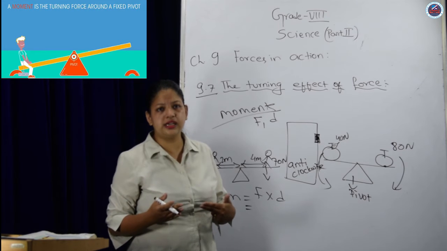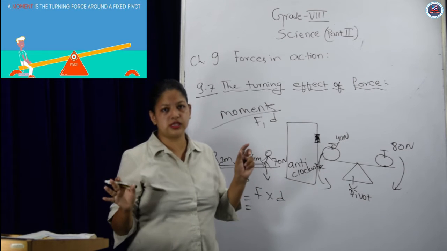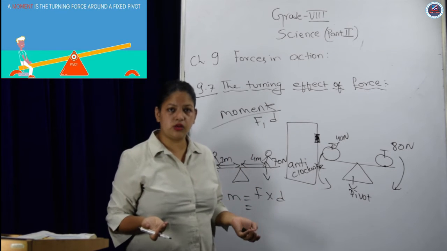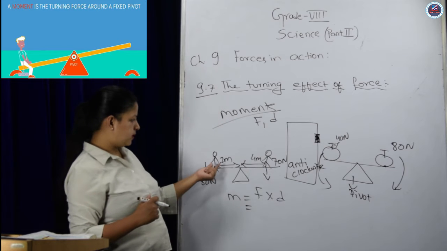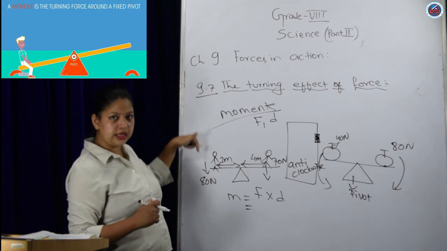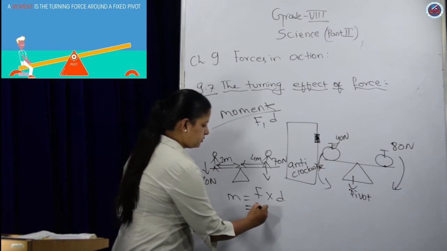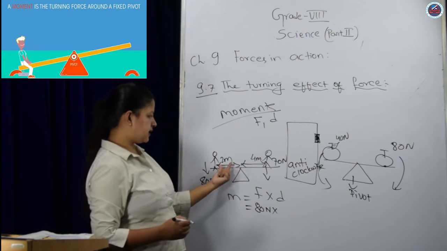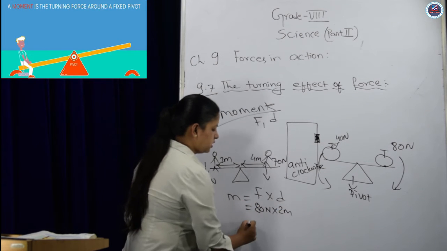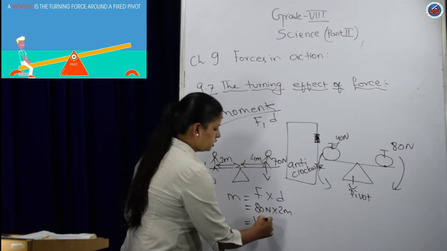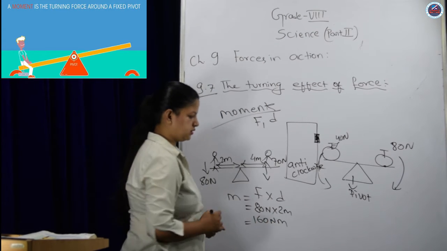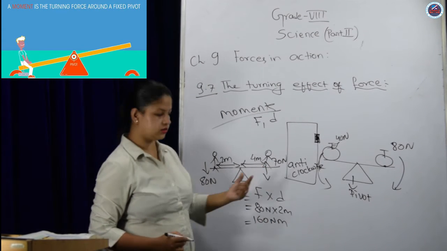In class 9 you will be learning that weight and force on the same planet are the same thing. So here a person weighing 80 Newton will be applying force of 80 Newton downward. So force is 80 and distance here is 2 meter. So 80 into 2, 160 Newton meter.